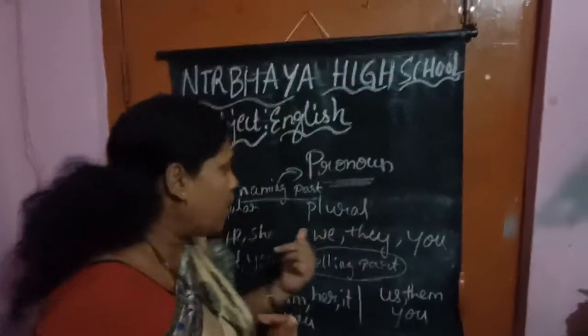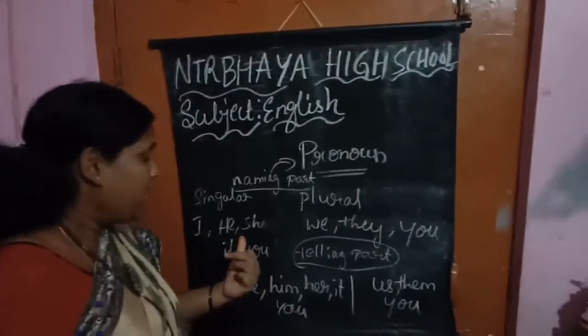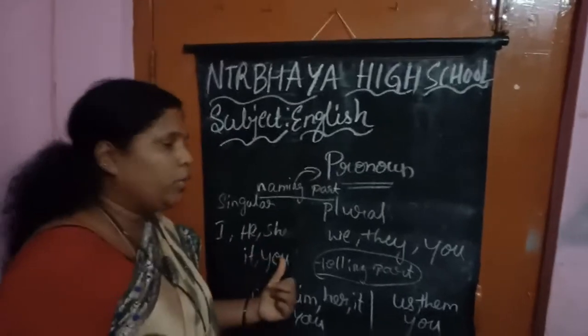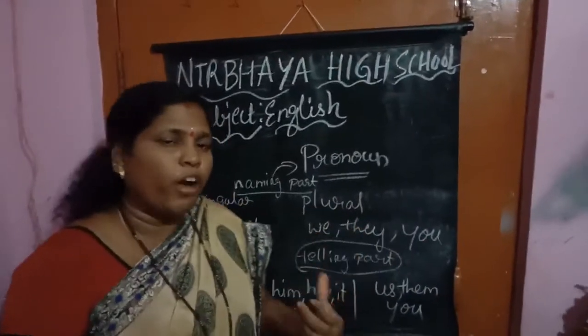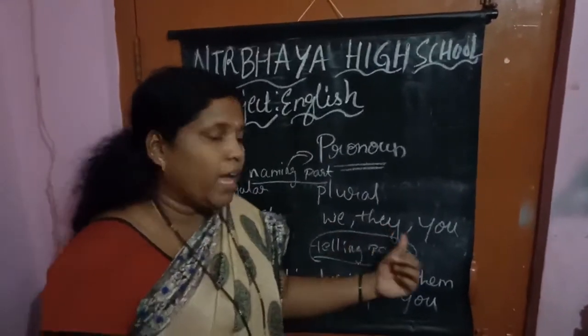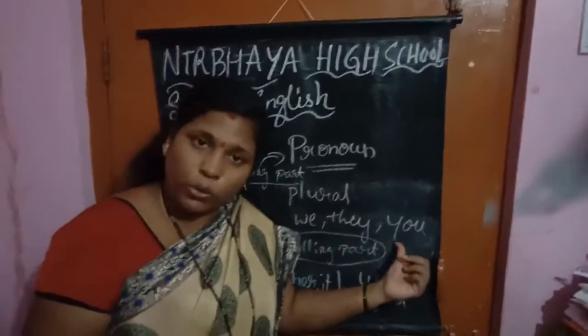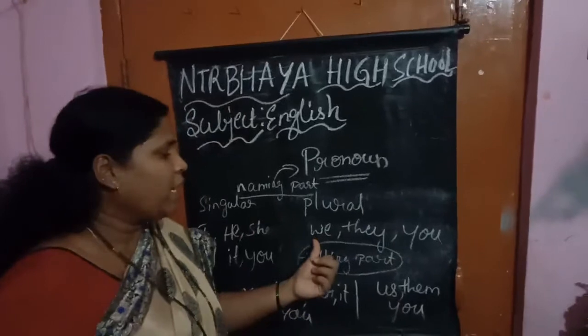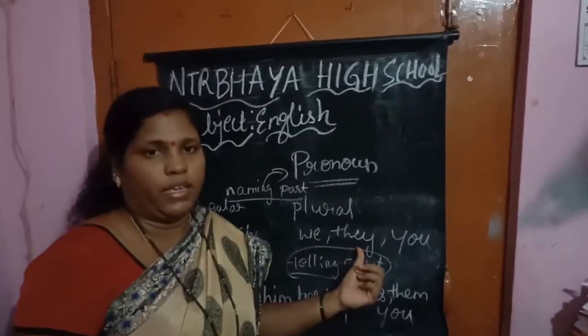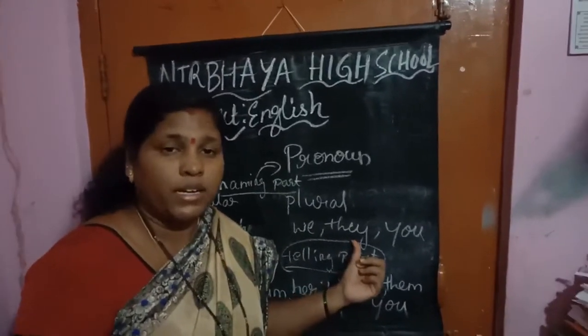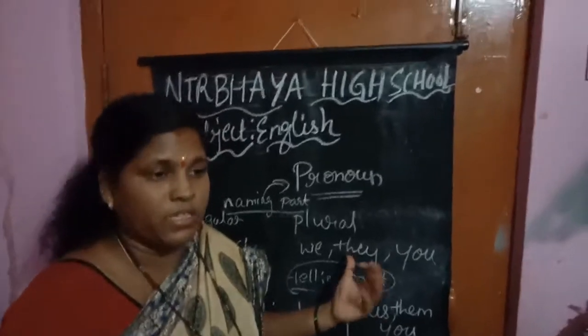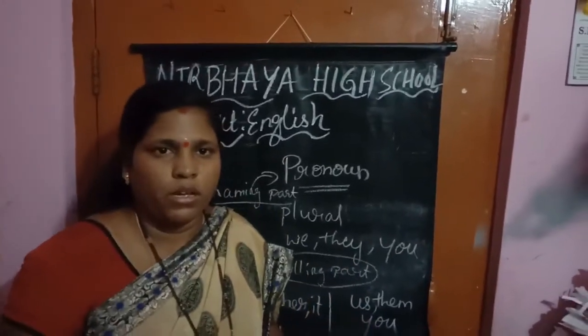Now here, the singular pronouns. What are they? I, he, she, it, you. And coming to the plural form, what will we use? We, they, you. In the singular form also you, in the plural form also you only. Remember this point, children. We are studying in 5th class, which means we have so many members including me.